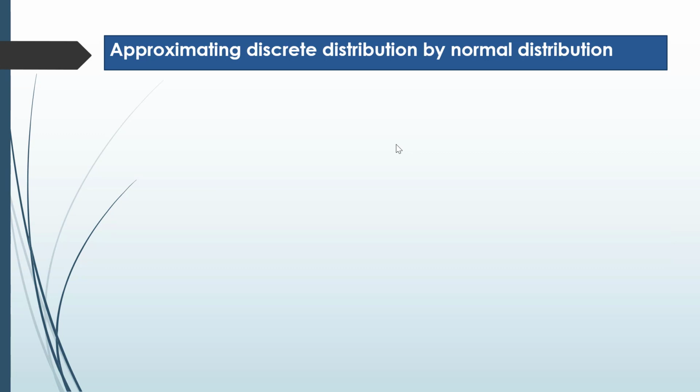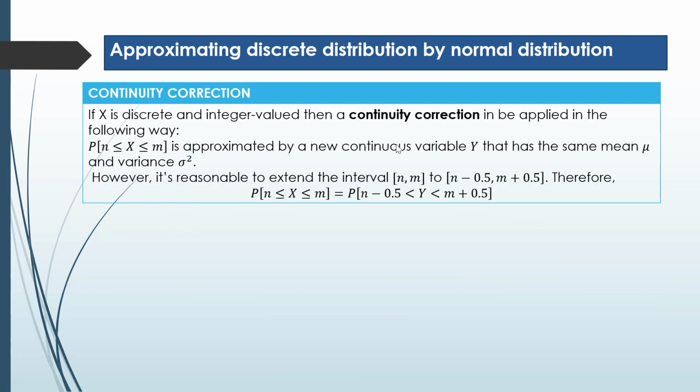Next, approximating a discrete distribution by a normal distribution. Sometimes for a discrete distribution, if the numbers given are sufficiently large, you can approximate the probability using a normal distribution. In approximating a discrete distribution by a normal distribution, there are 2 steps. The first step is continuity correction, and the second step is standardization.